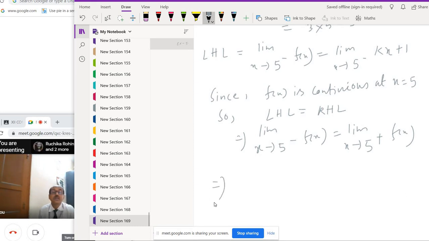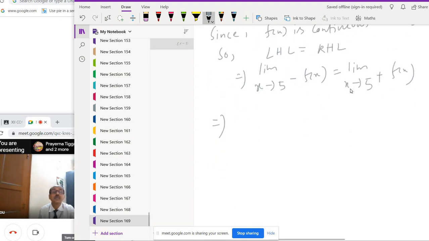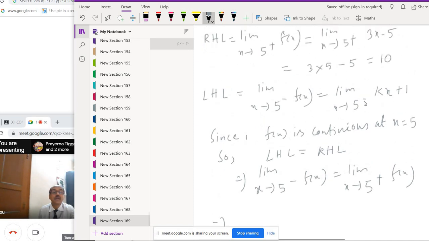So the 5 minus f(x) means kx plus 1; put the value x equal to 5, so this equals 5k plus 1. That is the left hand limit.